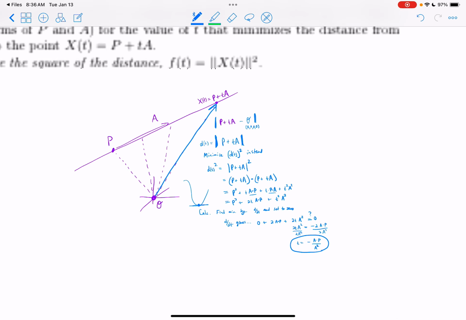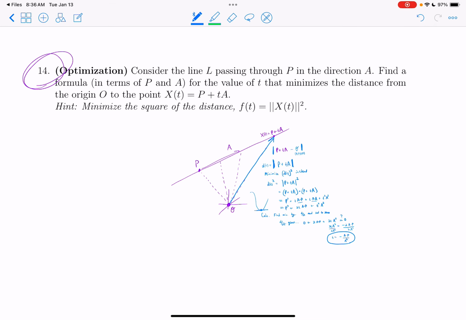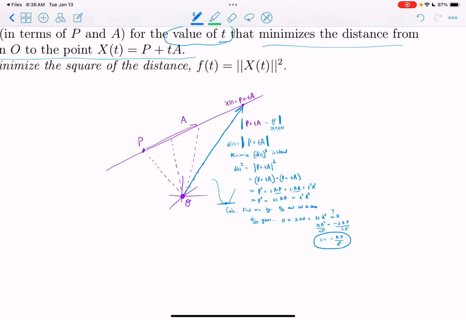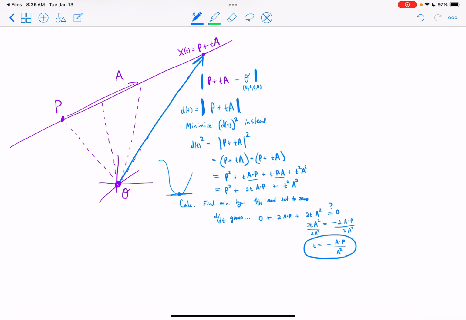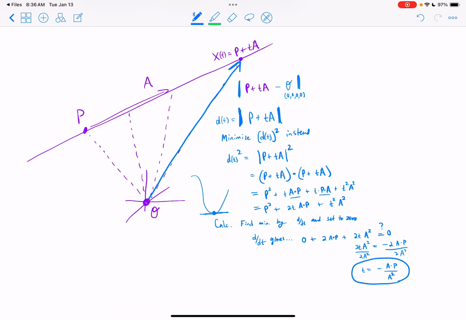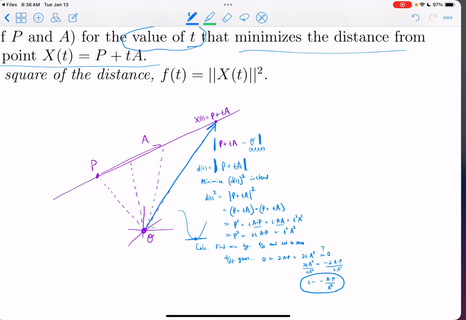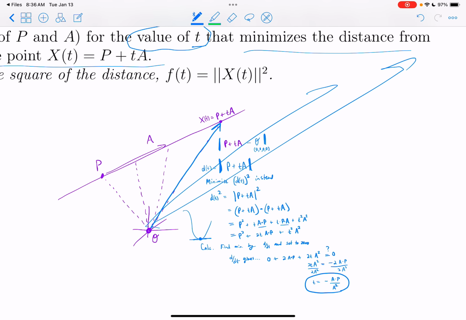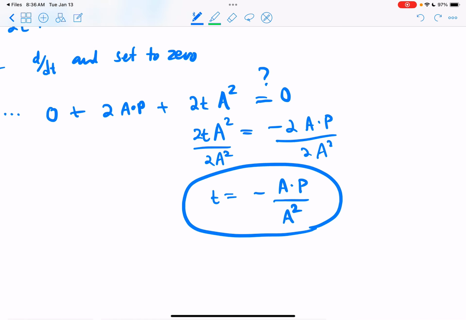Now let me check and see what they asked for. Find the value of t that minimizes the distance from the origin to that point. And from the picture, we know there's only going to be a minimum. There's no maximum because you just keep going farther and farther away from the origin, and the distance keeps getting bigger and bigger. So this has to be a minimum.